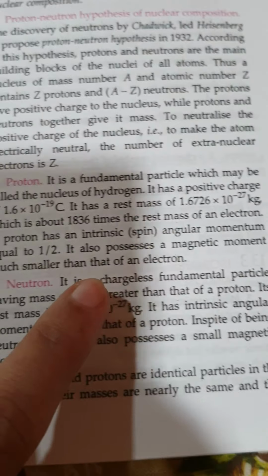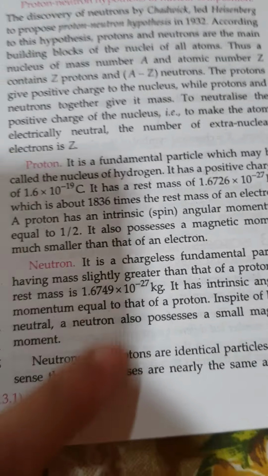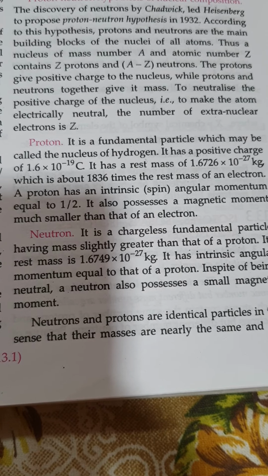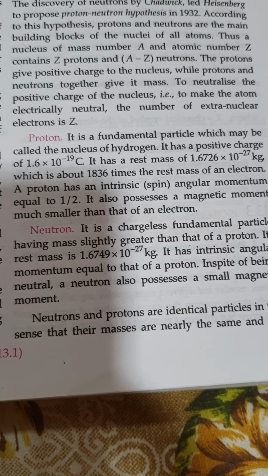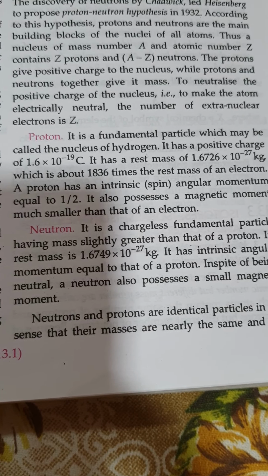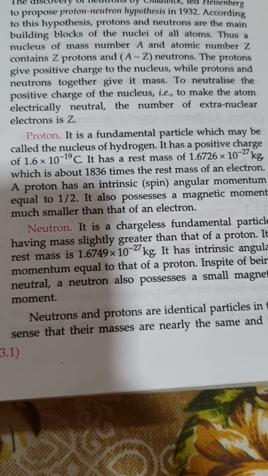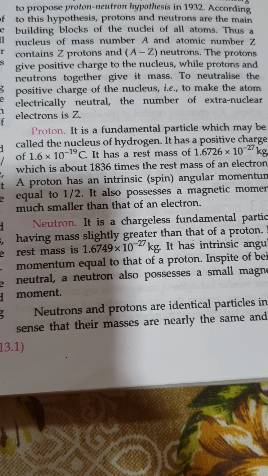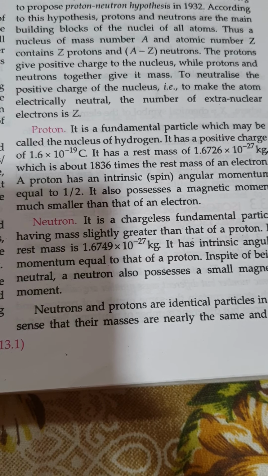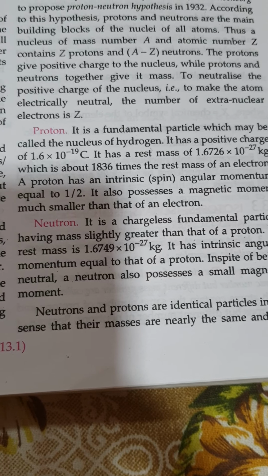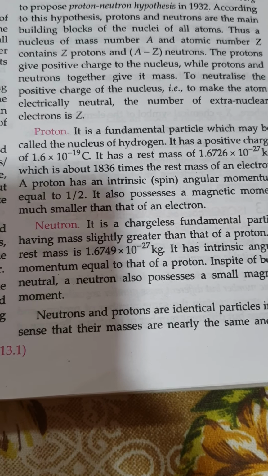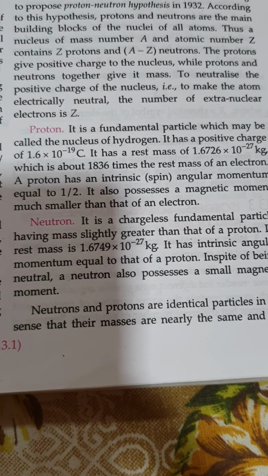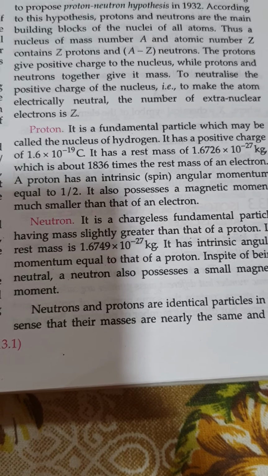Right, students? Then the proton, as I told you, is a fundamental particle of the nucleus, and in the case of hydrogen there is only one proton and no neutron. The charge of the proton is 1.6 into 10 raised to minus 19 coulomb, and the mass of the proton is 1.67 into 10 raised to minus 27 kg.